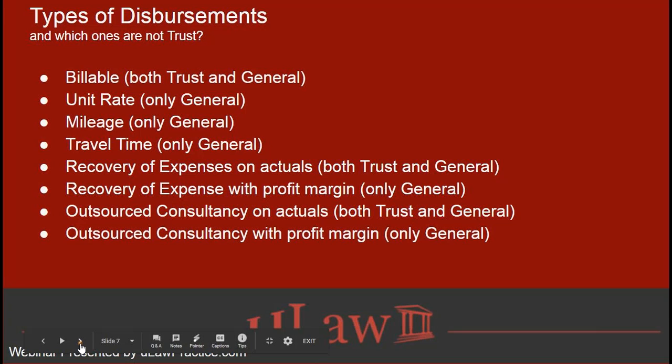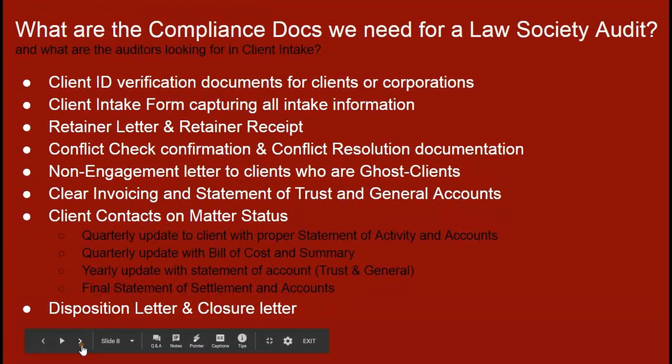But you could certainly use the trust account as a vehicle to pay for that disbursement, as well as the general account. But if it's done with either a profit or a loss margin, then again, keep in mind that you should certainly only use the general account and not the trust account. Okay.